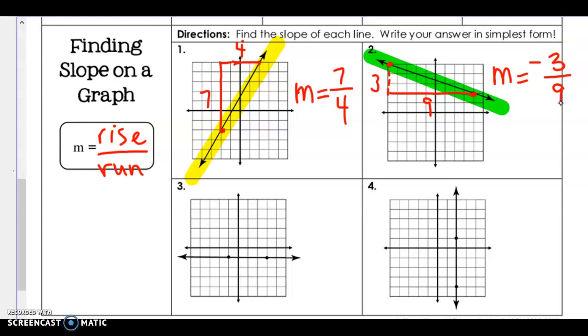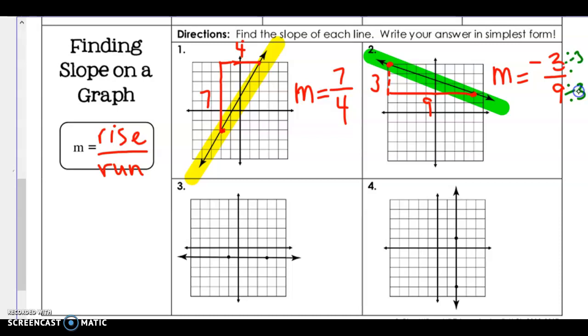Typically in our calculator, we would reduce this. So you would do negative 3, ABC 9 to reduce this fraction. Or you can just do it yourself: I know I can divide this one by 3. You're going to divide both the top by 3 and the bottom by 3.